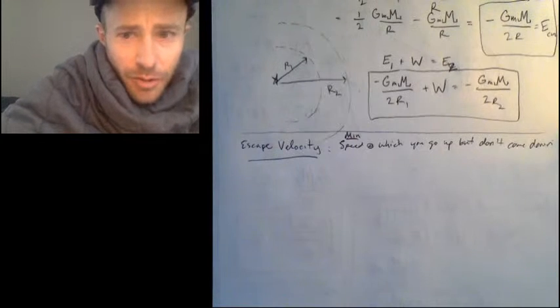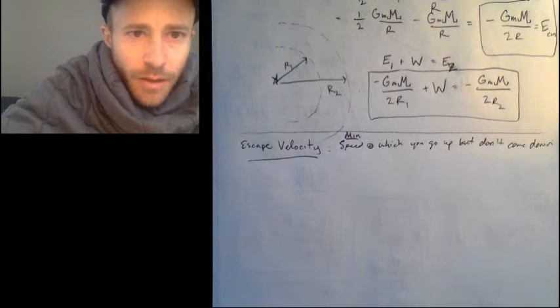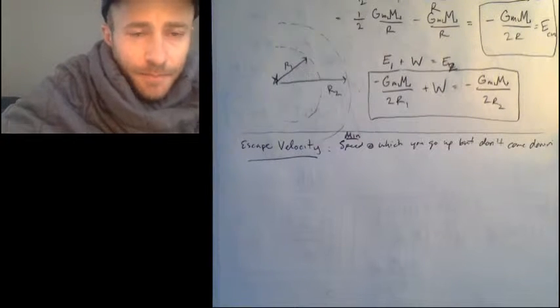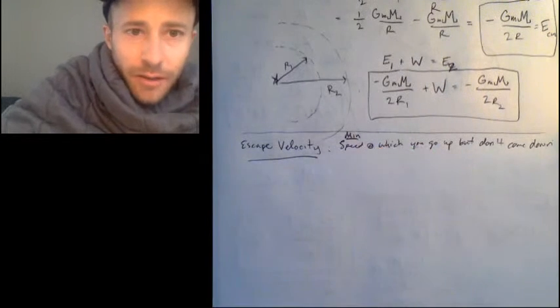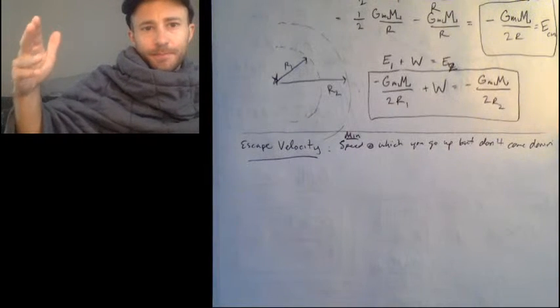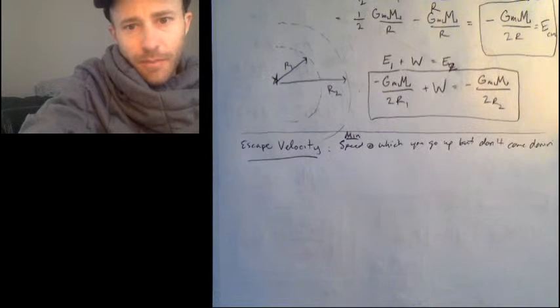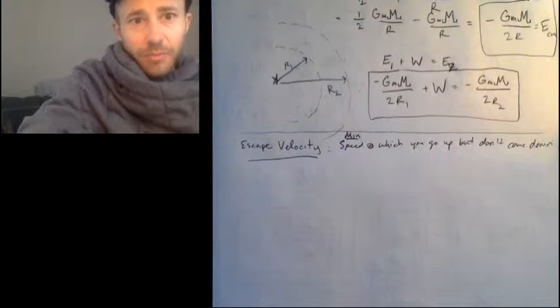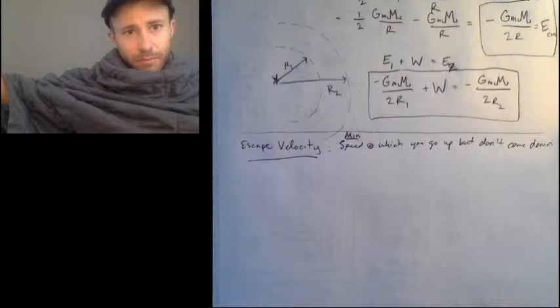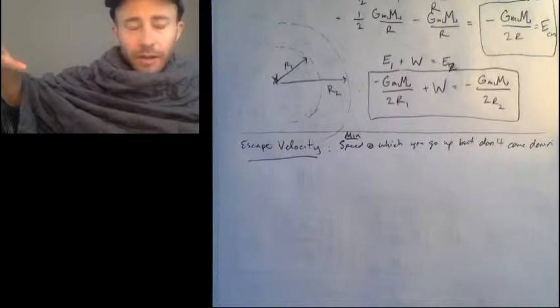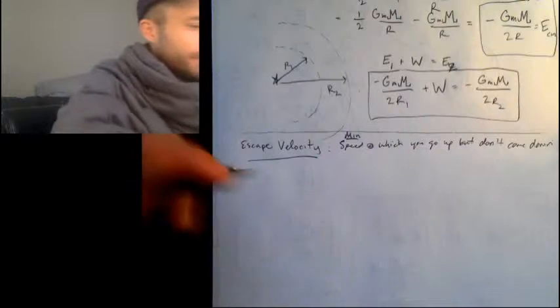Because of the atmosphere, you would have to go much faster than this speed. Now, obviously, this is going to depend on where you start. If you're already in orbit, you don't have to go as fast because you're further away from the Earth. So Earth's gravity is starting out weaker. So it depends on your starting point.